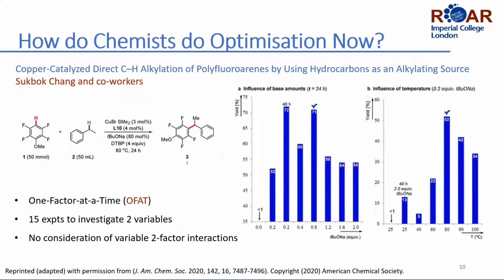Synthetic chemists intrinsically understand that due to reaction theory, the yield at a point in time is also dependent on the temperature. So you can't optimize the reaction temperature and then go and optimize the time and get a fixed point and then subsequently go and change the temperature and expect the yield to be the same or to be optimized at the same point in time. These variables are linked. You've got to optimize them together.